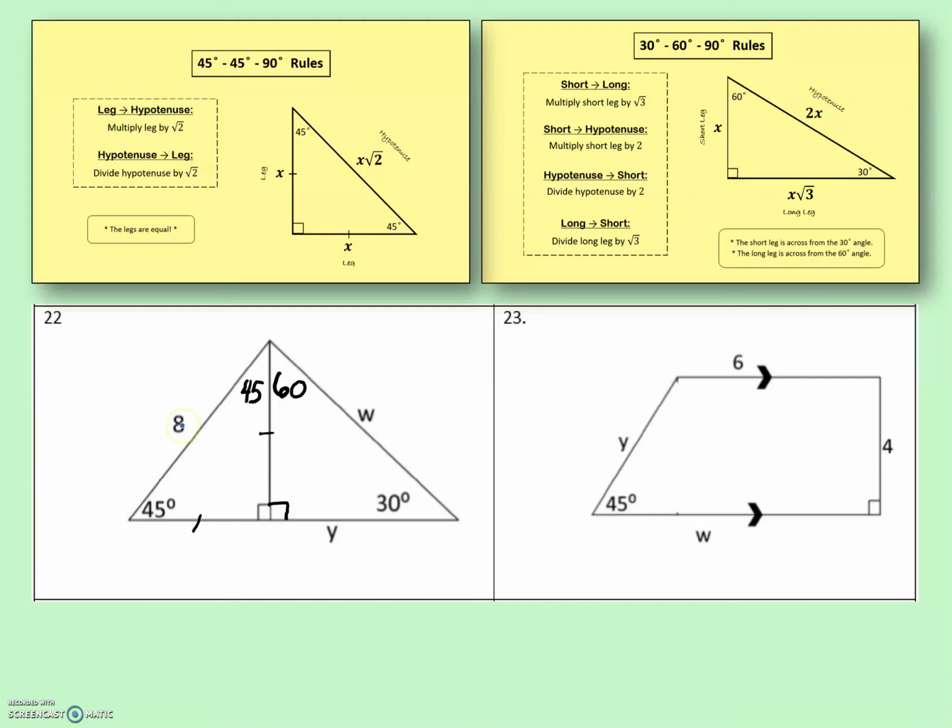So 8 divided by root 2. It would be nice if we could just leave it like that, but we can't. We have to rationalize the denominator. So that gives us 8 root 2 over 2, which simplifies to 4 root 2. Okay, so each of these legs is 4 root 2.